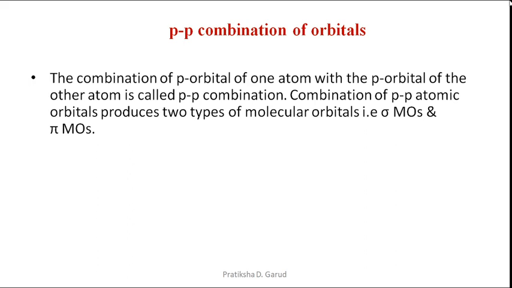So the combination of pp atomic orbitals produces two types of molecular orbitals: sigma molecular orbital when the orbitals are joining along the nuclei, and the second one is the pi molecular orbitals when there is a lateral or sidewise overlapping.